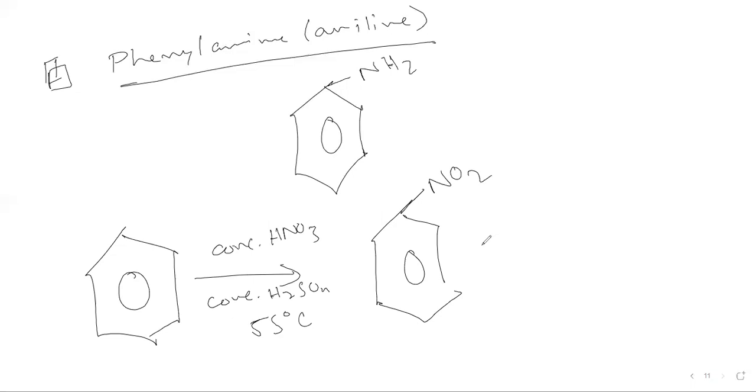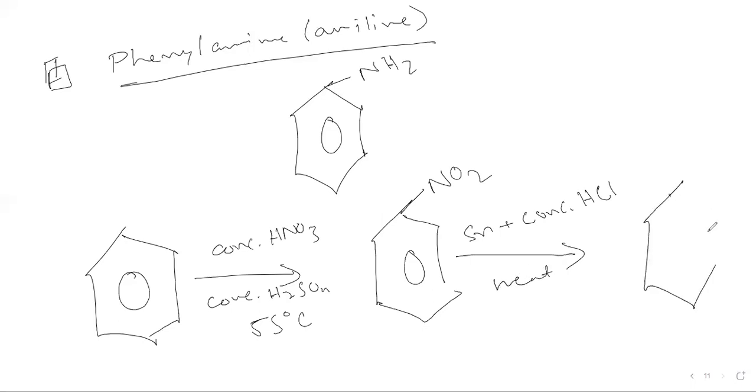After nitration of benzene, in the second step, we add Sn, which is tin. You can find details about tin in the periodic table. Tin is a catalyst here with concentrated HCl, and heat is applied. What happens? This nitro group transforms into this amine group.